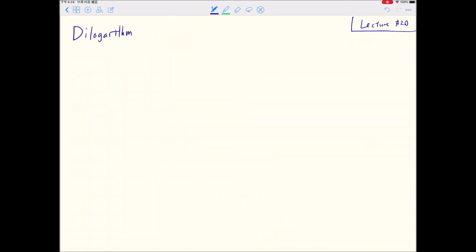Alright, so let me just write. So the Euler Dilogarithm function is a very old notion defined by Euler. In terms of a power series, it is defined to be the sum of z to the n over n squared, and the radius of convergence is 1, so it is defined here.